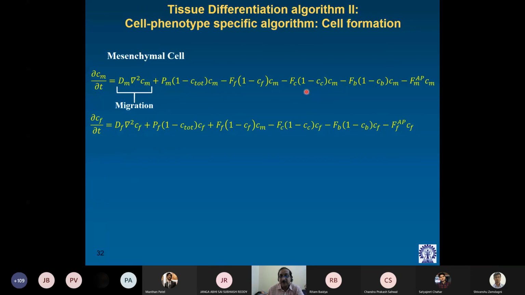Now here is the migration term. Here is the proliferation term. This is cell differentiation. As I have already explained, this is the cell death or apoptosis term.